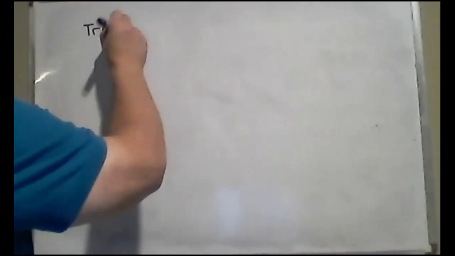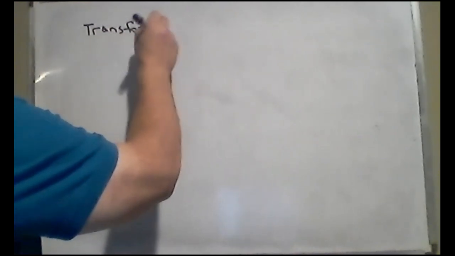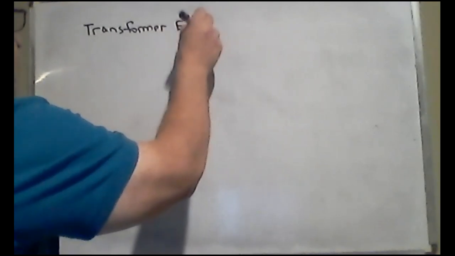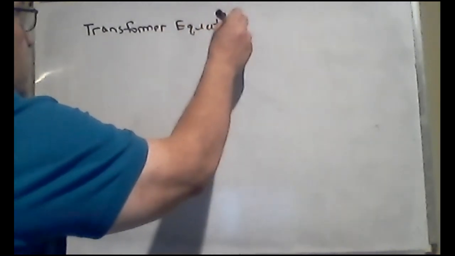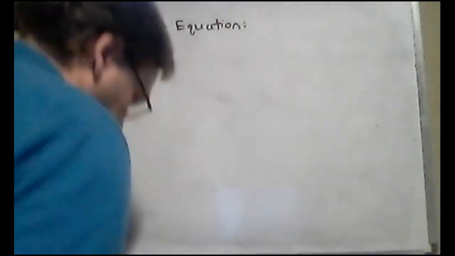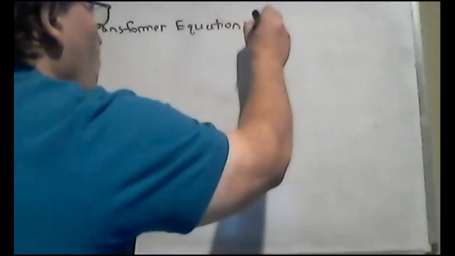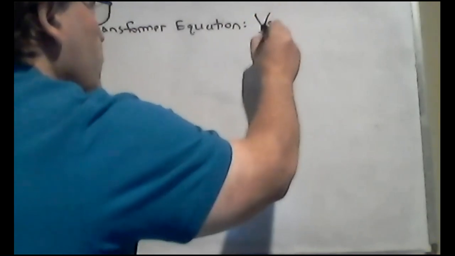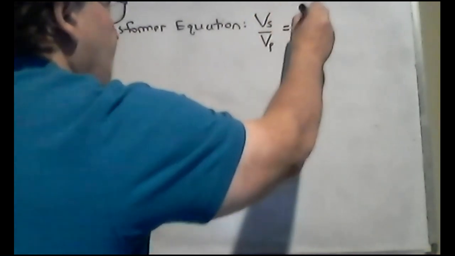Again, our transformer equation is simply V sub S over V sub P is N sub S over N sub P.